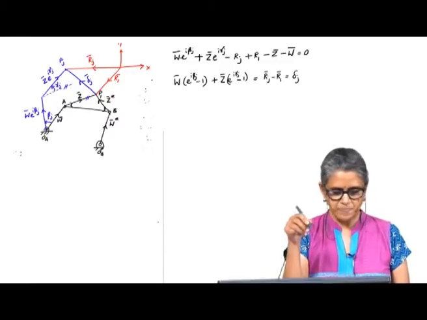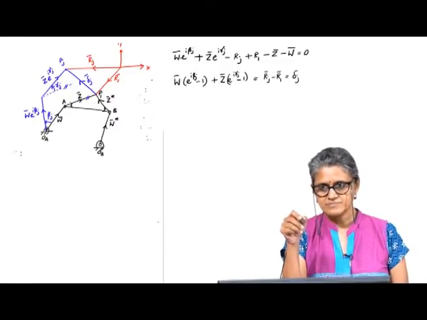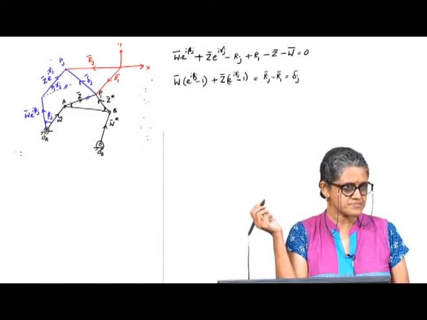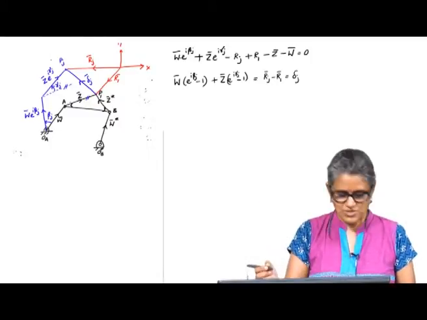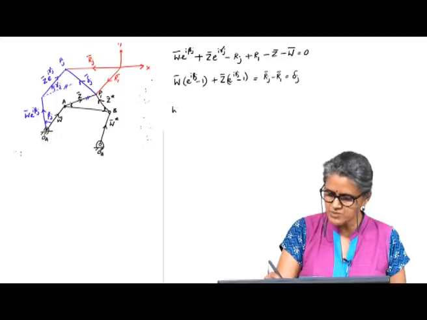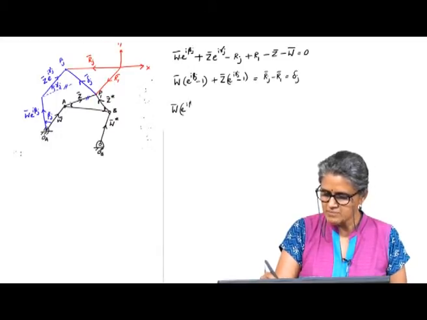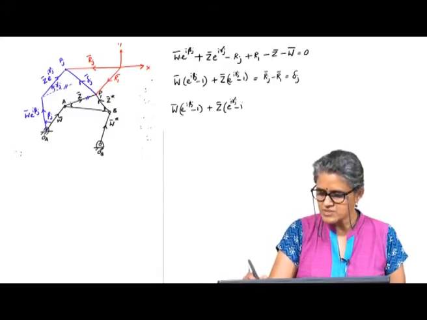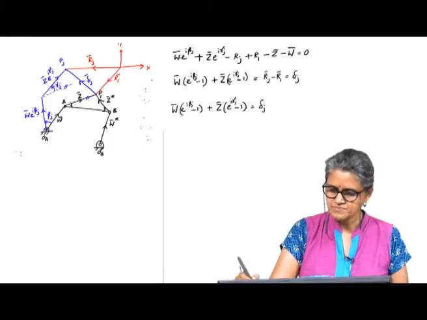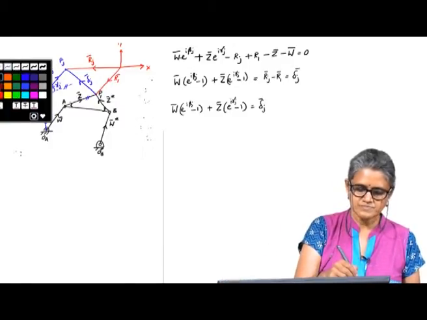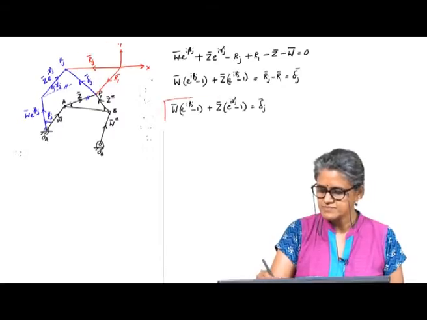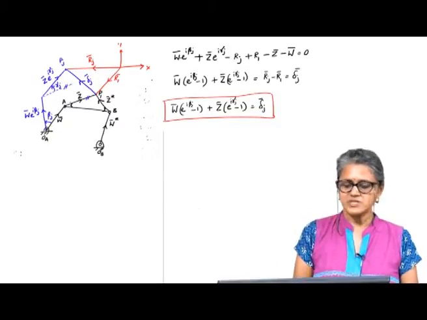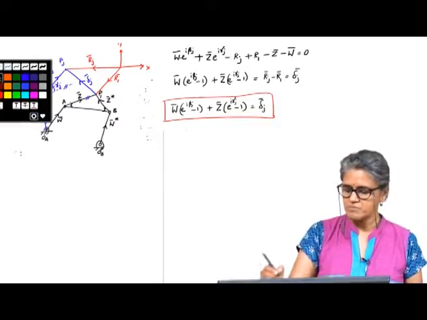Delta j is the displacement vector of some prescribed trajectory of the point P. Okay. So, this form of the equation, W (e power I beta j minus 1) plus Z (e power I gamma j minus 1) equal to delta j, is called the standard form equation, standard or diode form equation.